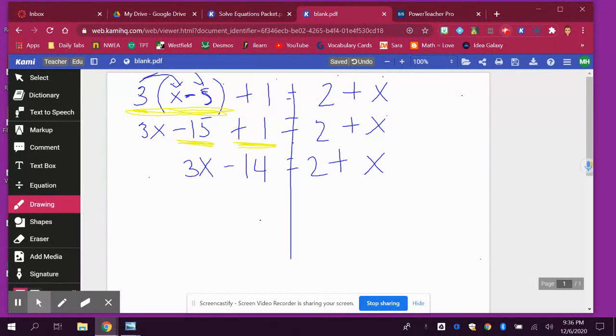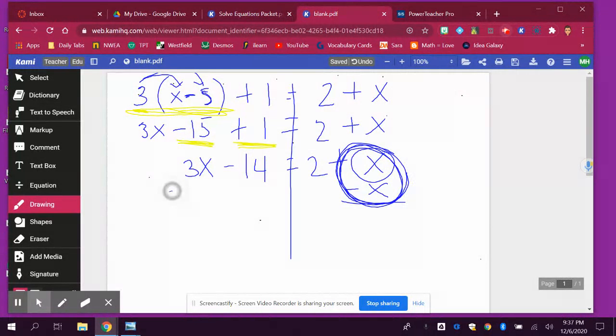So now I can start moving my variables. I'm going to move this x right here because it is smaller than this 3x. 1x is smaller than 3x, so I'm going to subtract this x over here, because a positive x and a negative x equals 0.